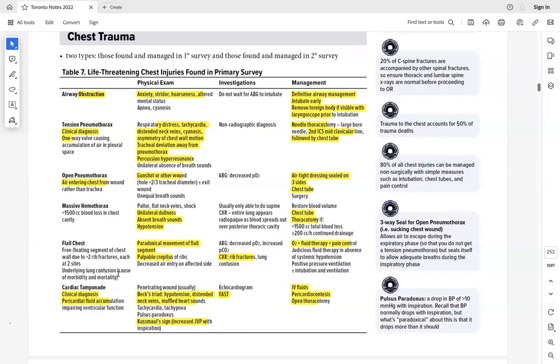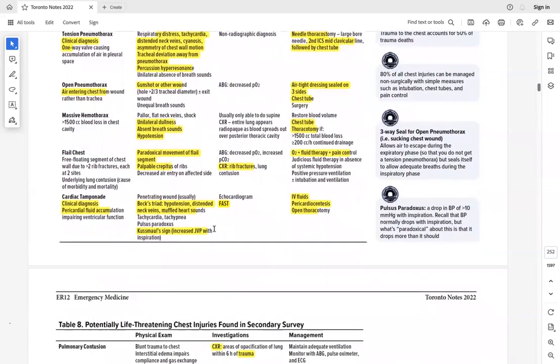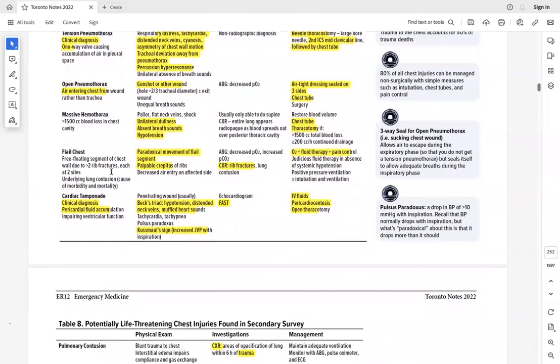So most probably it is hemothorax and the patient is still deteriorating. Then we have to place the chest tube and do thoracotomy. Okay. For flail chest, just the clinical diagnosis, give the patient analgesia, start IV fluids and pain control, analgesia and IV fluids, nothing else.